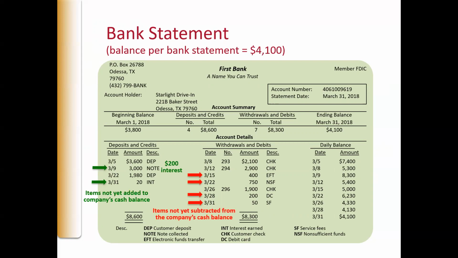Then as far as withdrawals go, you see an EFT, electronic funds transfer of $400, an NSF of $750, a debit card charge of $200, and service fees on March 31st of $50. So these are items the bank recorded that the company has yet to record.